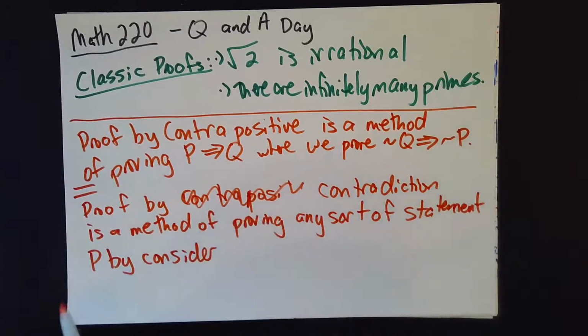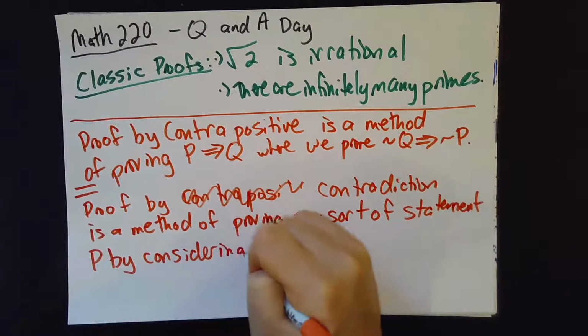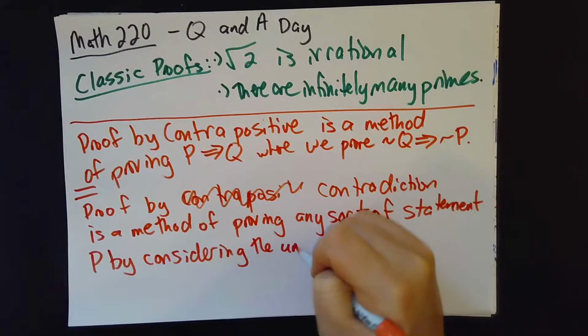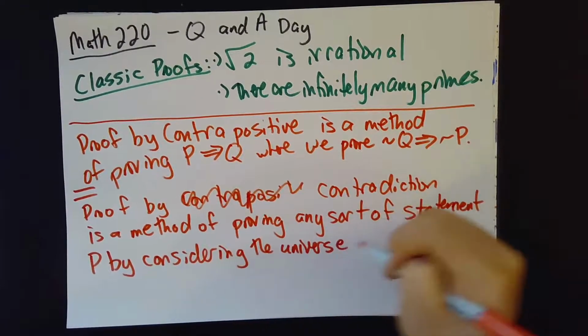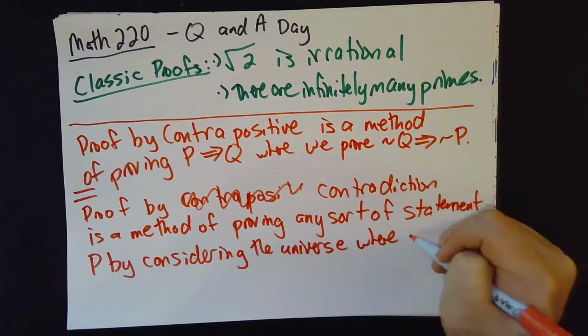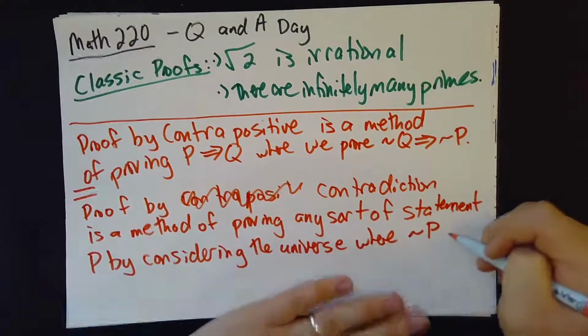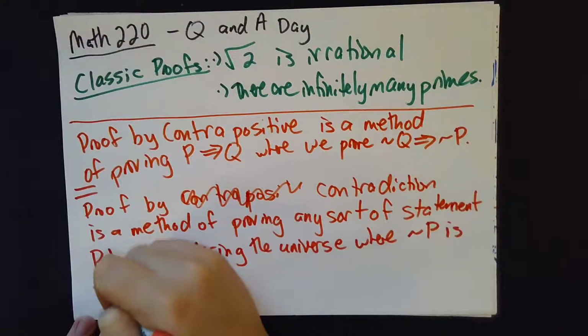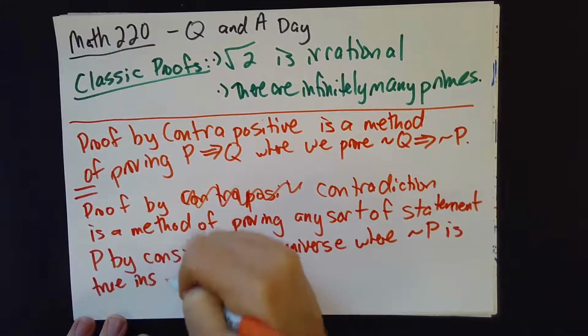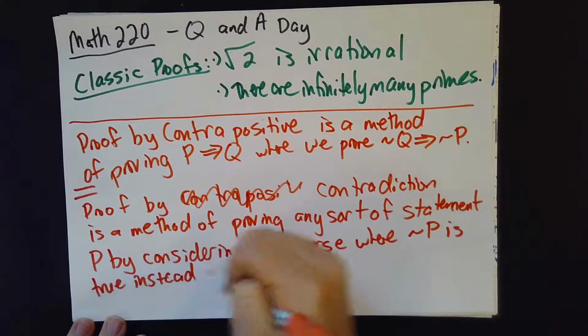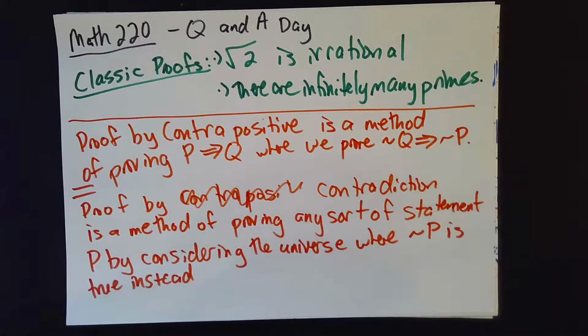That is, you consider not P. And then what do you do? You identify a fundamental flaw with this universe.